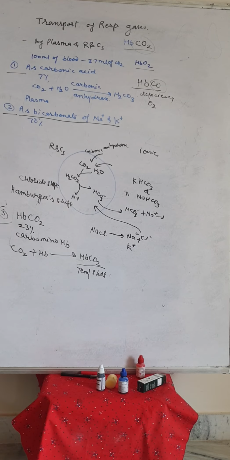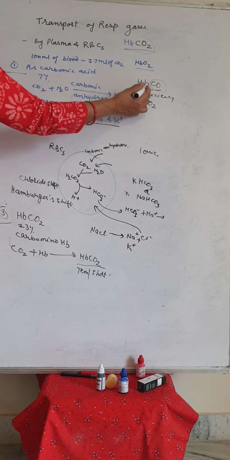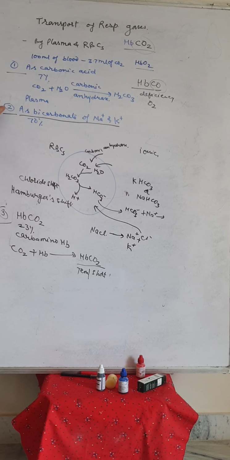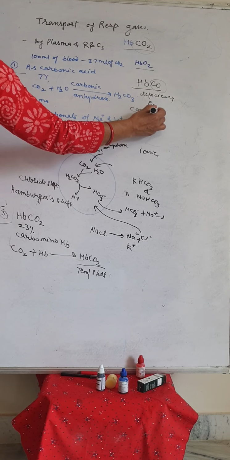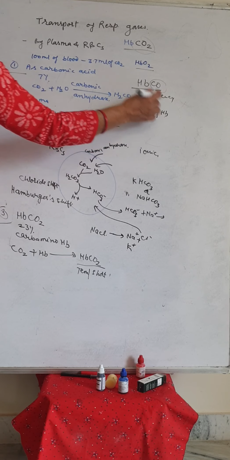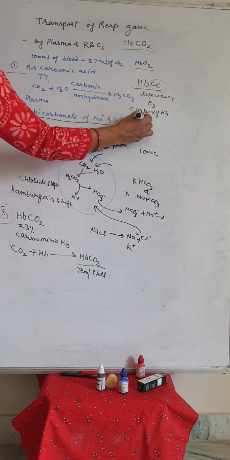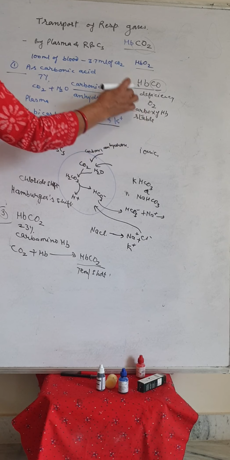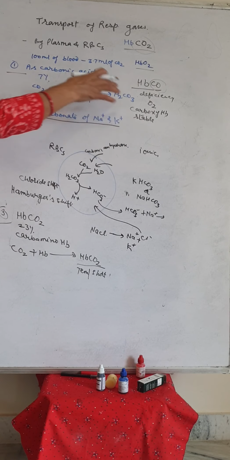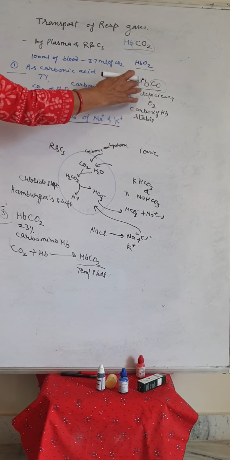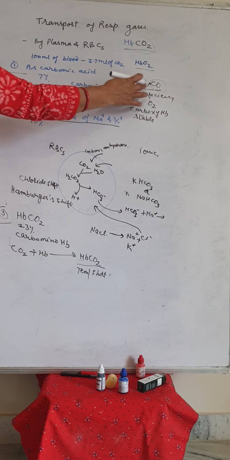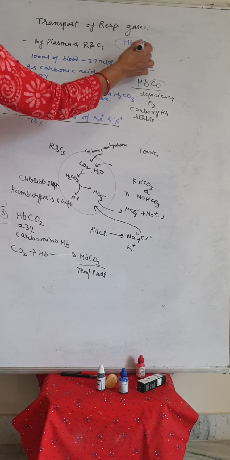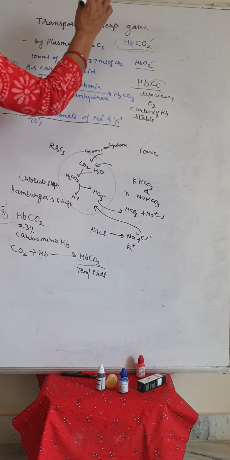So hemoglobin combined with carbon monoxide forms carboxyhemoglobin, and this is a stable compound. The complex is permanent and does not release the carbon monoxide easily. Normally, hemoglobin can release carbon dioxide and oxygen.